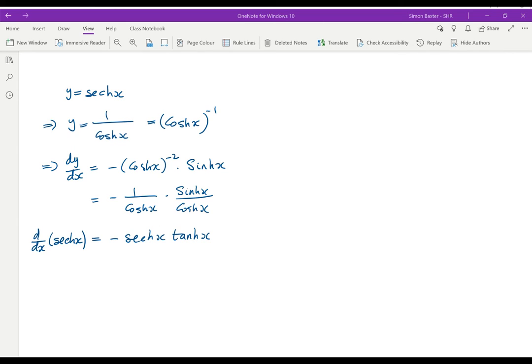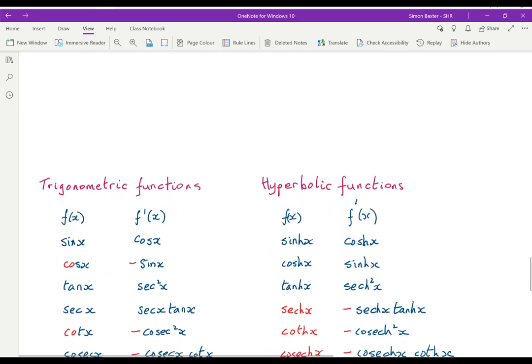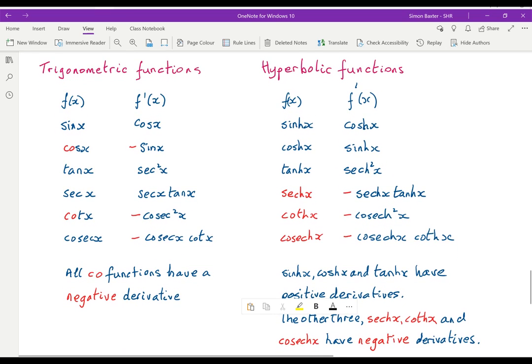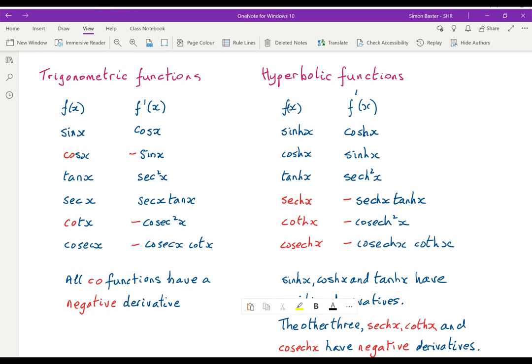Okay, we could differentiate coth and cosech, and then we would get this set of formulae. For trig functions, we have the ones that we're used to. I should really have written that cosec in red.